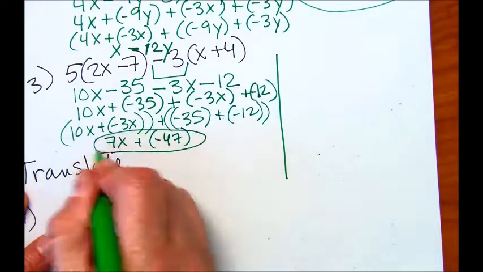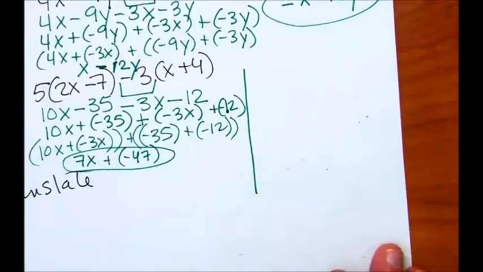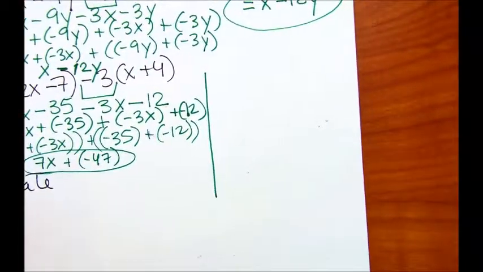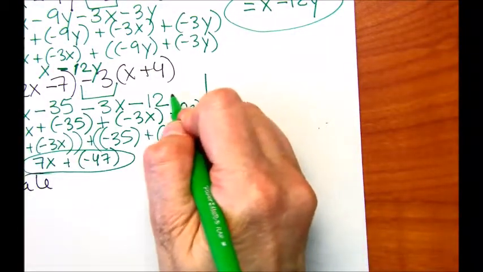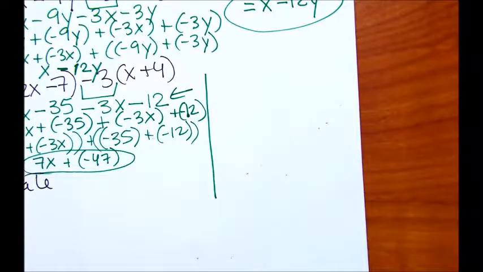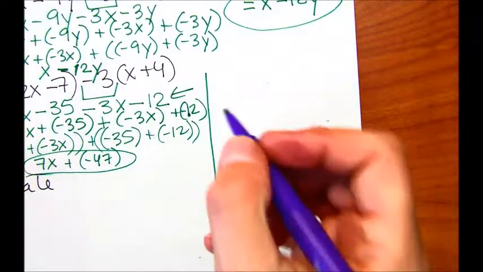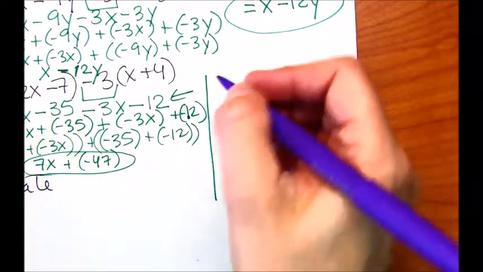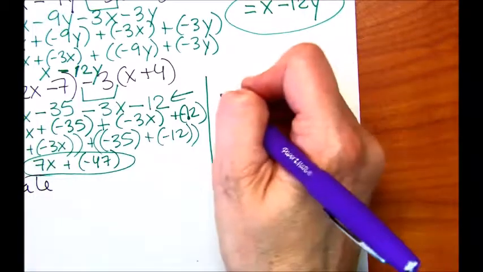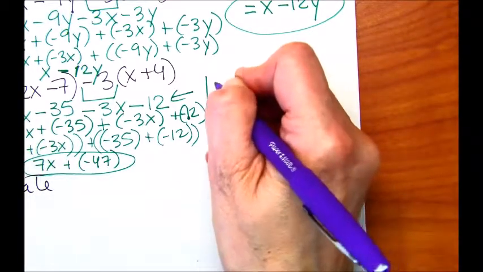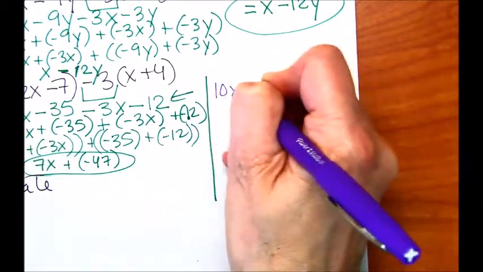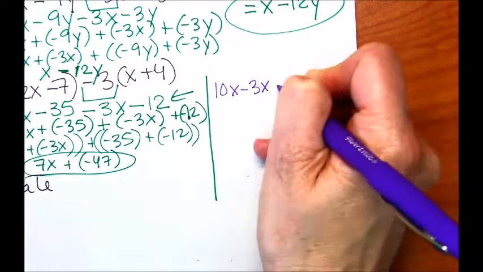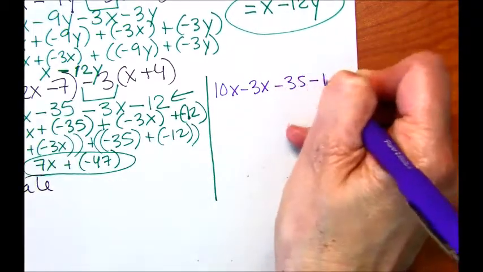That would be it. Now, I was telling you that you could do it differently. So if we just look at this, let me use a different color. We'll go with purple. So what we could have done, instead of changing it to addition, we could just rewrite grouping the x's and the numbers together. So 10x minus 3x minus 35 minus 12.